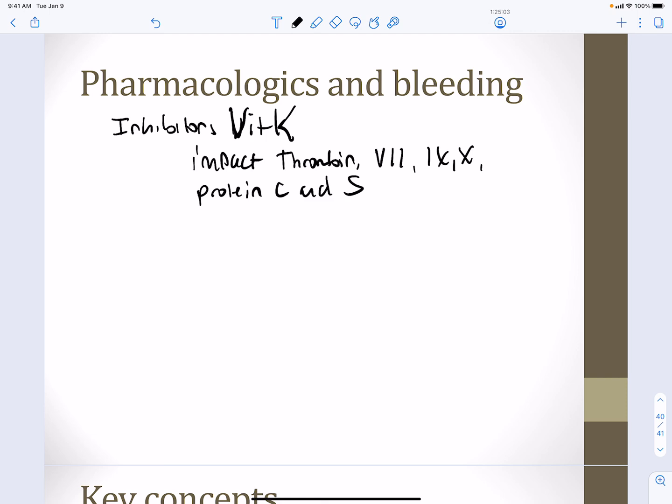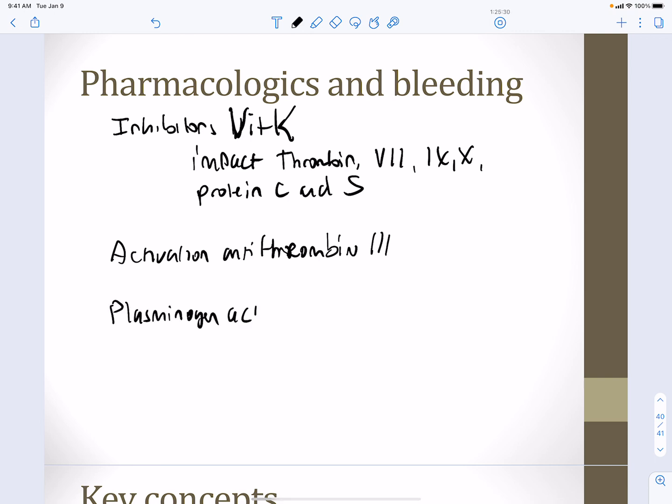You can also have activation of antithrombin 3. And these are glycosaminoglycans, heparin and heparan sulfate, used as anticoagulants. There are also plasminogen activators. Okay, and so that concludes our coagulation.